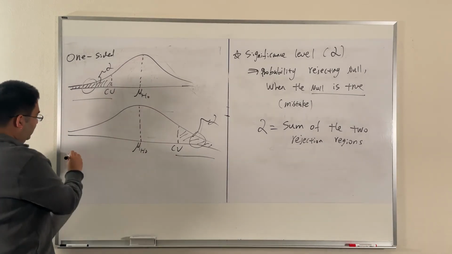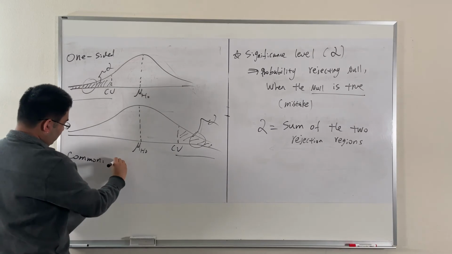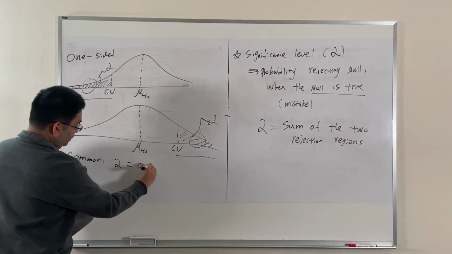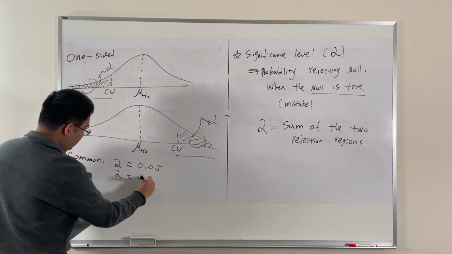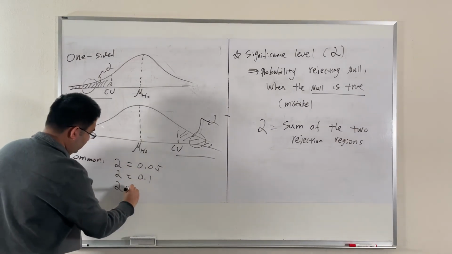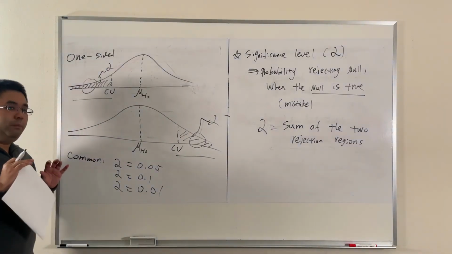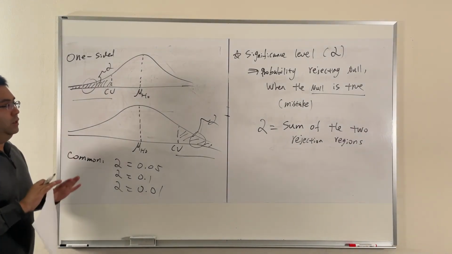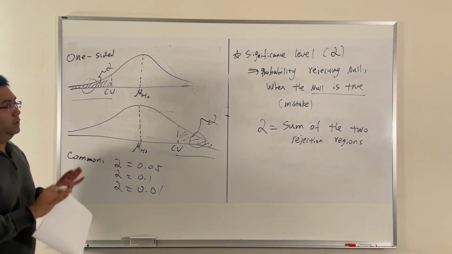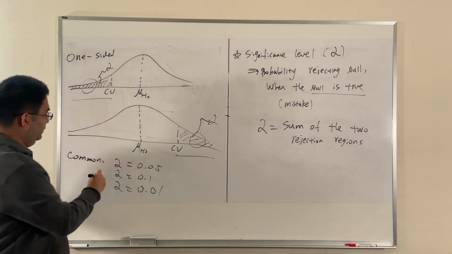Some of the common ones are alpha equals 0.05, so 5%, alpha equals 0.1, 10%, or alpha equals 0.01, or 1%. It depends on the probability of mistake you allow yourself to make with this test. Then you decide your alpha.